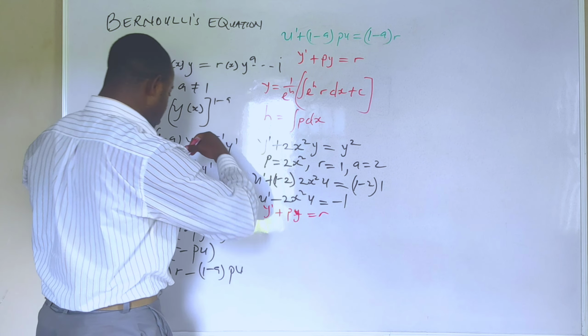So we have u equal to 1 all over e raised to power negative x raised to power 2, and into the integral of e raised to power negative x raised to power 2 multiplied by r, in this case, which is negative 1, dx, and plus c.